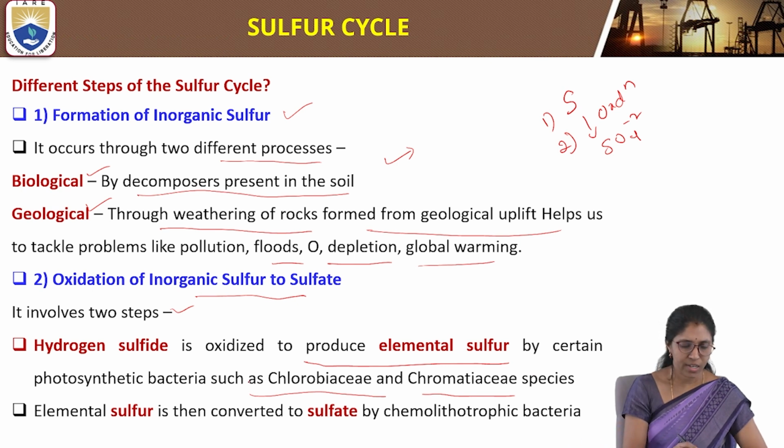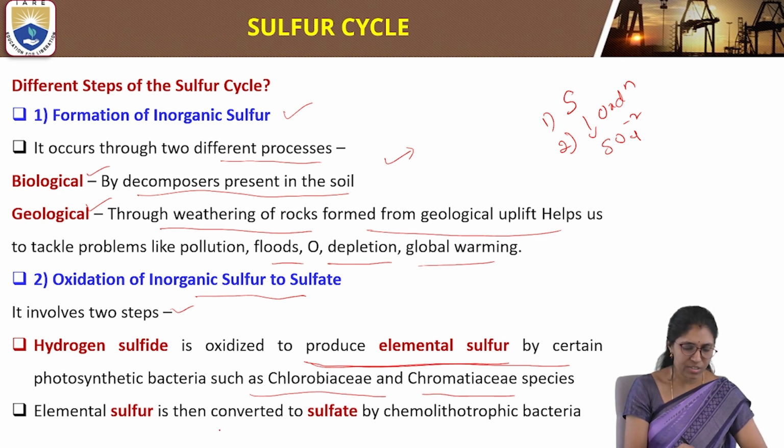So these are the bacteria used for the oxidation of hydrogen sulfide to elemental sulfur.